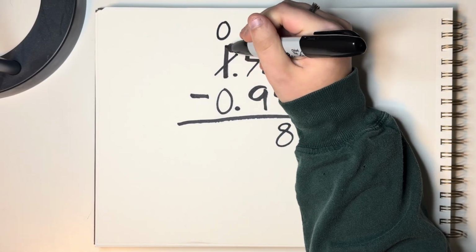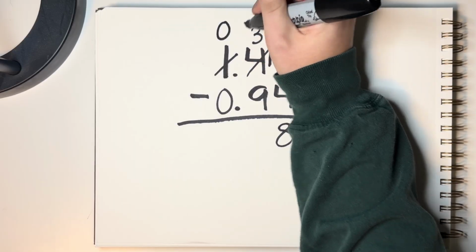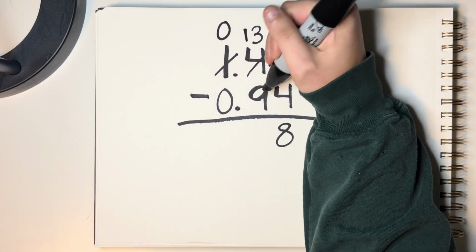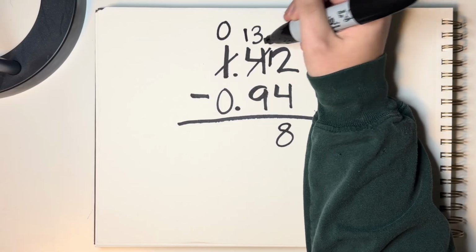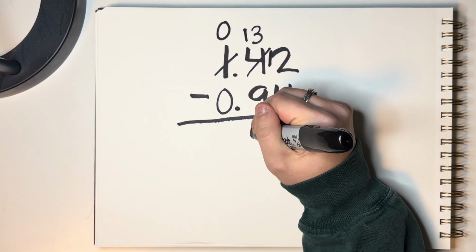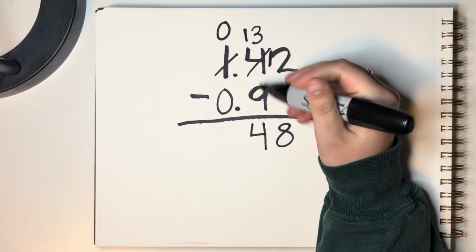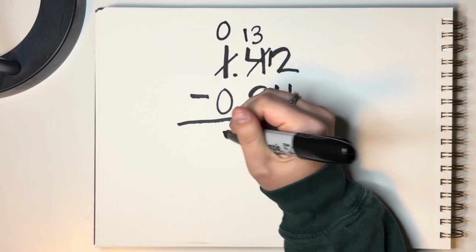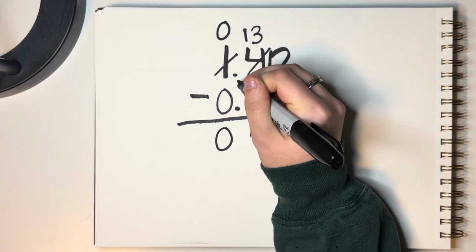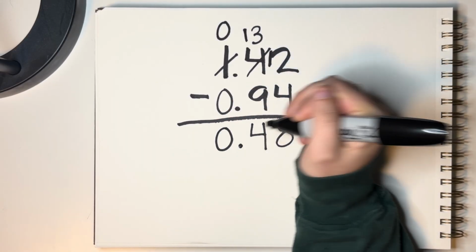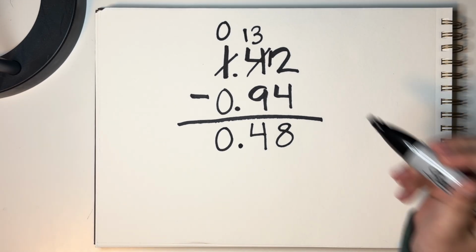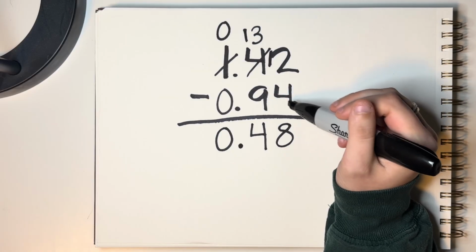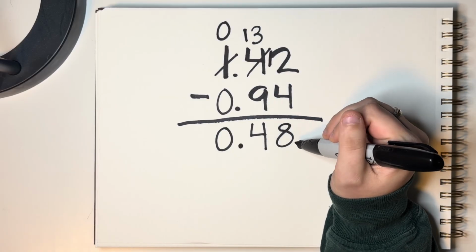And I'm going to add what I stole from here to my 10ths place. So now I have 13 minus 9, and I can do that. 13 minus 9 is 4, and I am done with my 10ths place value. The rest is easy. I have 0 minus 0, which is just 0. And I, of course, don't want to forget to bring down my decimal point. So the answer to 1 and 42 hundredths, when you subtract 94 hundredths, is 48 hundredths.